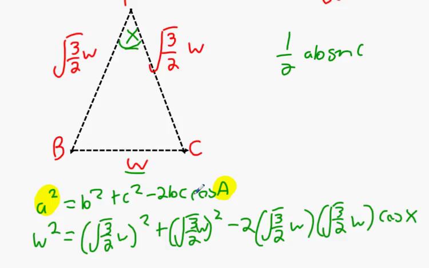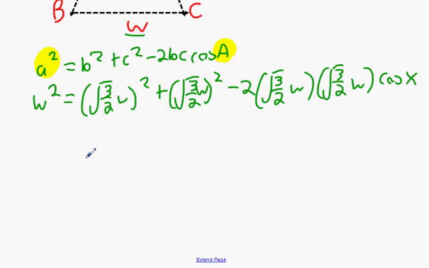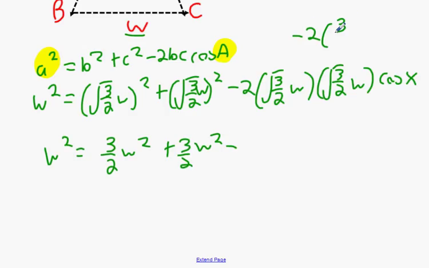Now you're going to find it's not so bad. So W squared equals 3 over 2 W squared plus 3 over 2 W squared minus 2 times 3 over 2 W squared, which is 6 over 2, which is 3 W squared cos X.